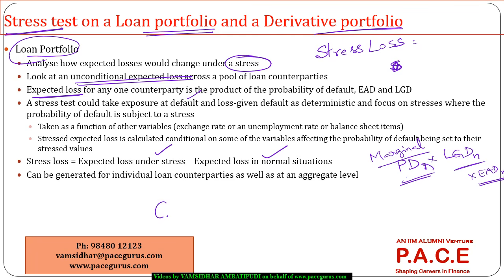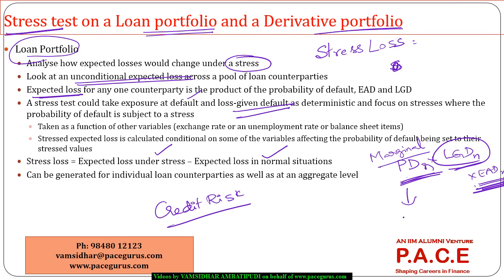So I am here taking a credit risk perspective. My exposure at default is more or less fixed. That is equal to the amount of loan that I have given to the counterparty. So the loss given default also I am taking as deterministic. Only the probability of default I am stressing here.